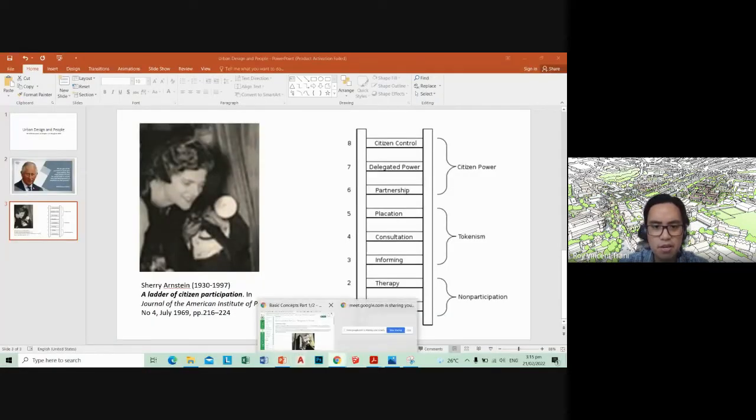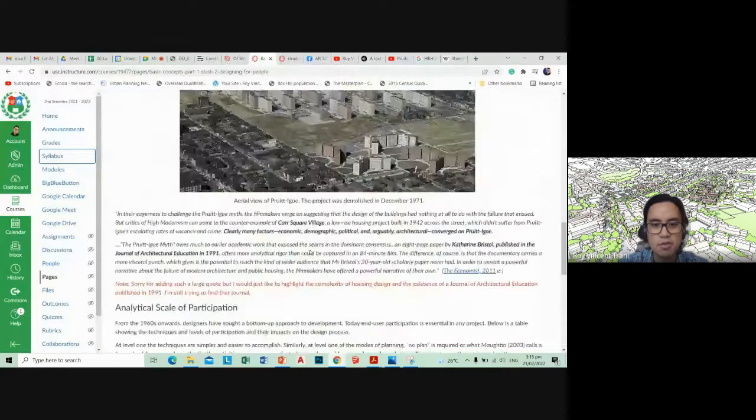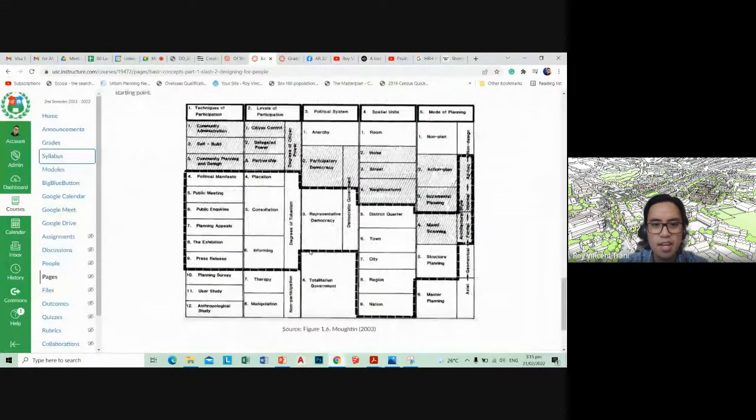And very interestingly over here, I'll just switch to the module. Now, manipulation is all the way down here on eight. And then citizen control is up here, the highest degree of citizen power.